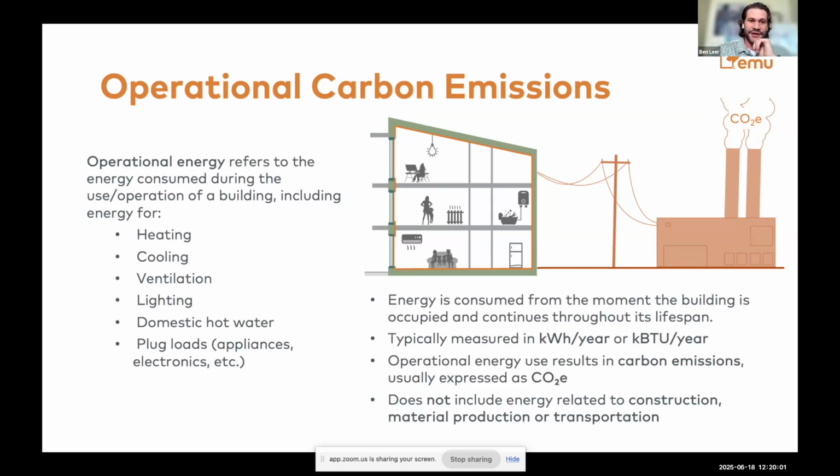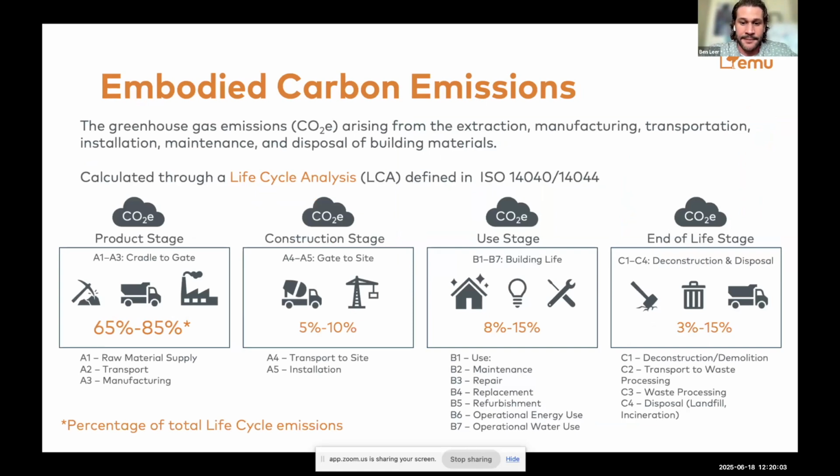However, the standard does not talk about embodied carbon. Embodied carbon, or embodied energy, refers to the emissions associated with the extraction, manufacturing, transportation, installation, maintenance, and disposal of the building materials. We look at something called a life cycle analysis, an LCA, defined by the ISO standard 14040.